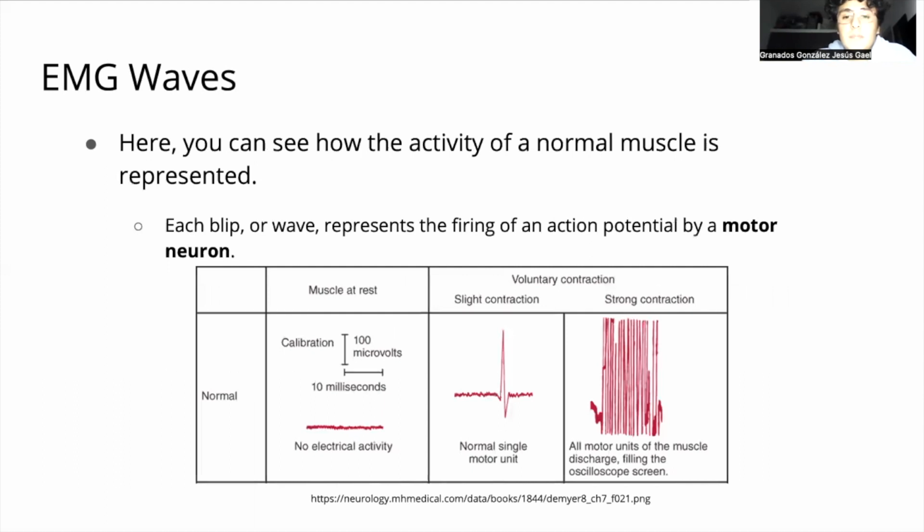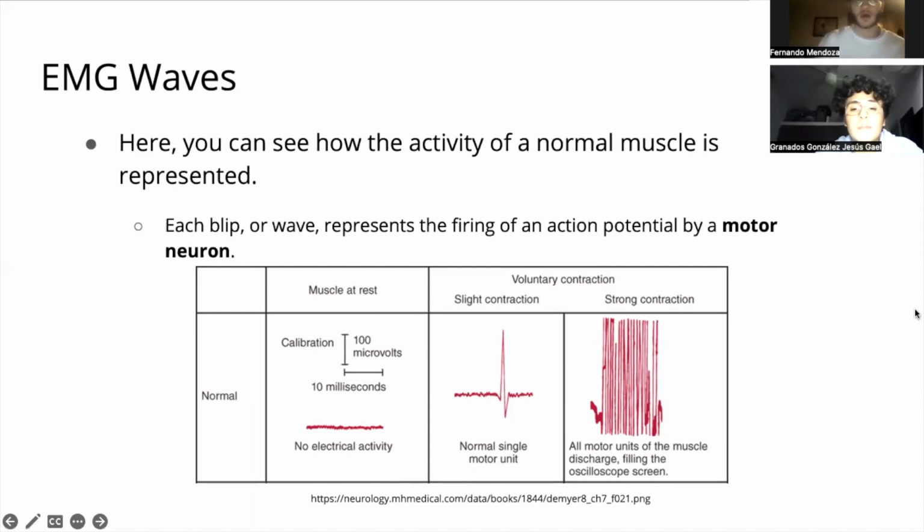Well, continuing with the EMG waves, in the image we can see the normal activity of the muscle, represented with the voluntary contraction: with a slight contraction, like in the image of the middle, it's just a single motor unit signal, and with a strong contraction it will be formed by all the motor units of the muscle. That's why we can see a lot of signals from these motor units.